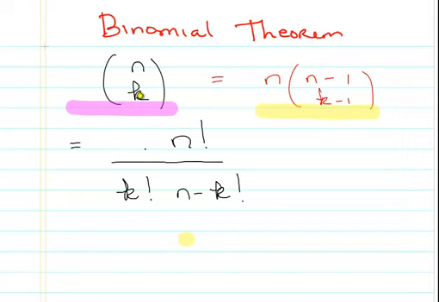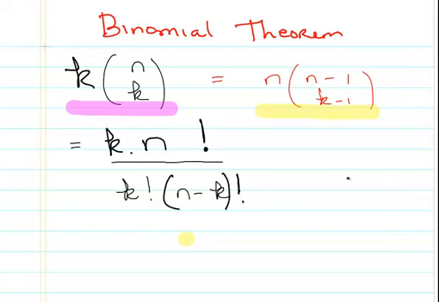So n choose k is simply n factorial over k factorial times n minus k factorial. When we add in the k, we have k times n factorial over k factorial times n minus k factorial.